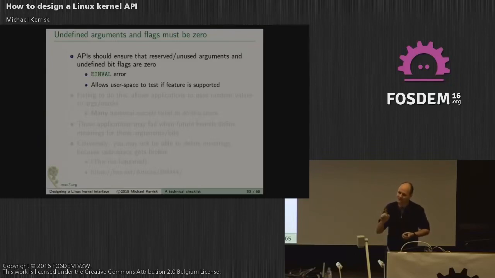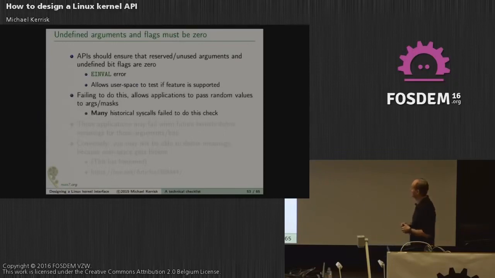He yells at you for trying to change the API and breaking applications. And there have been real cases of this where some features that have been added to the kernel, or attempted to be added, have had to either be abandoned or changed because some system calls didn't check their flags arguments.